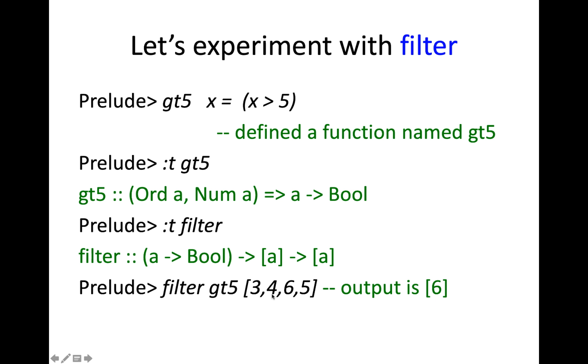When it applies on the next item 4, we get false again, then true here and false again. So only for this item 6, the filter function returns true. So only that item should remain in the output of the filter, correct?